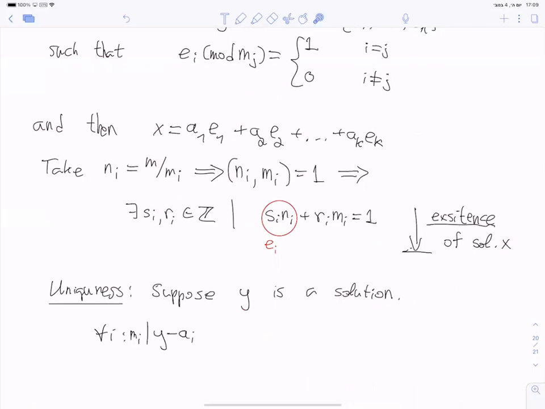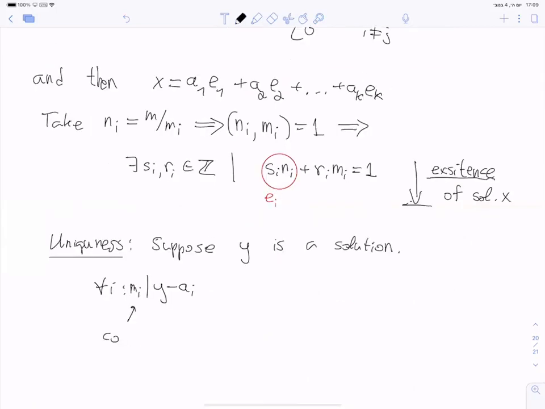Mi divides all the Y minus Ai, but all these are co-prime. This is given. So if you have co-prime numbers that divide this number, then also the multiplication divides.